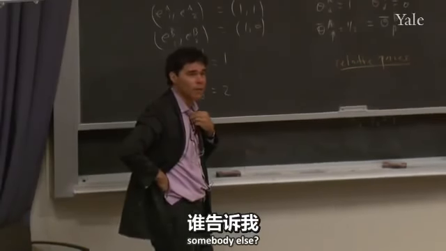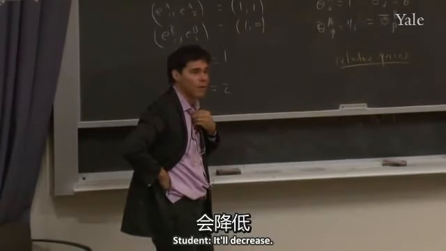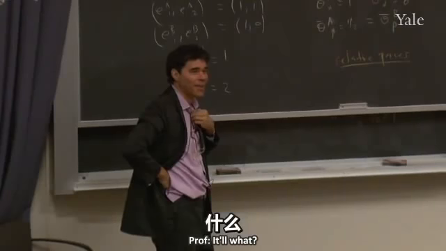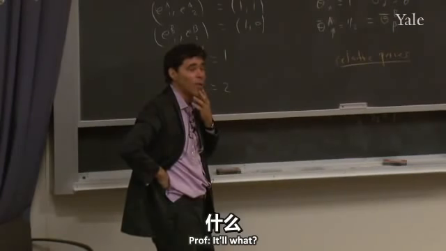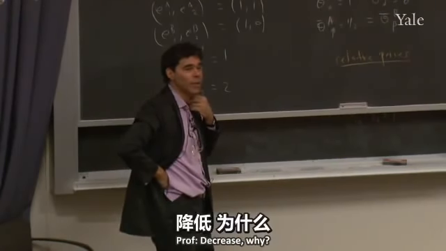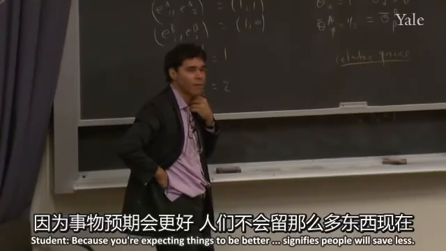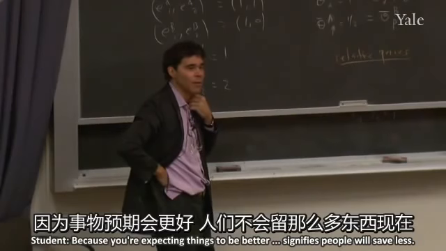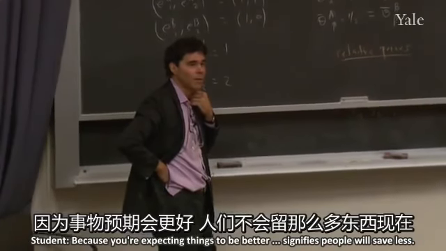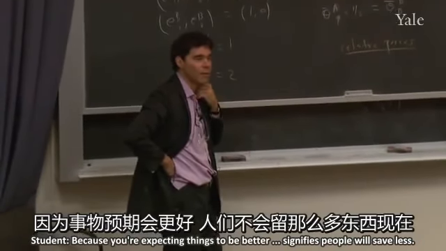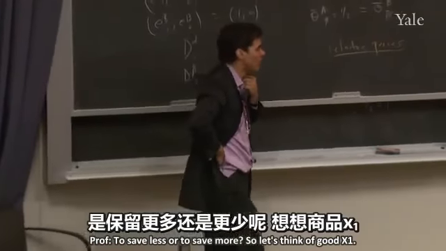Somebody else. It'll decrease. Why? Because you're expecting things to be better in period 2, so you need to incentivize people to save less. To save less or to save more?